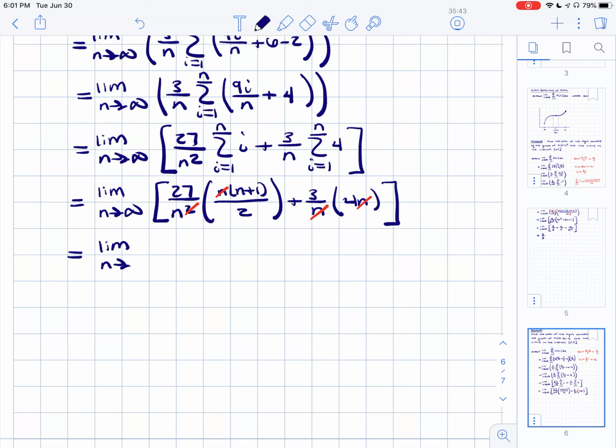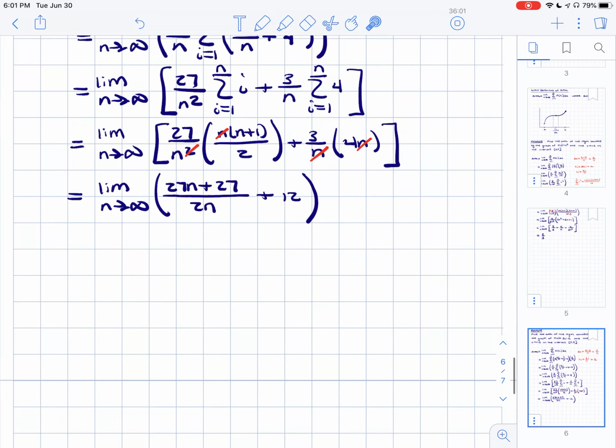I'm going to clean this up a little bit here. We would have 27n plus 27 divided by 2n, and then plus 12. All right, and then I'm going to split this guy up. So we would have the limit as n approaches infinity of 27 over 2 plus 27 over 2n plus 12.